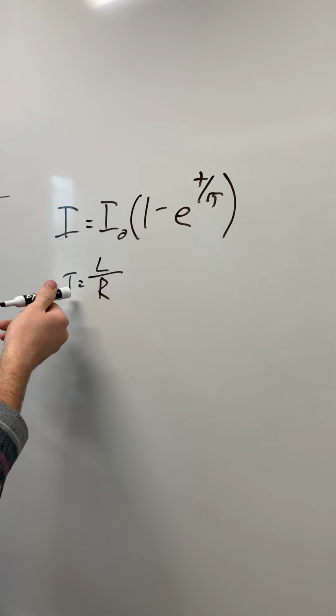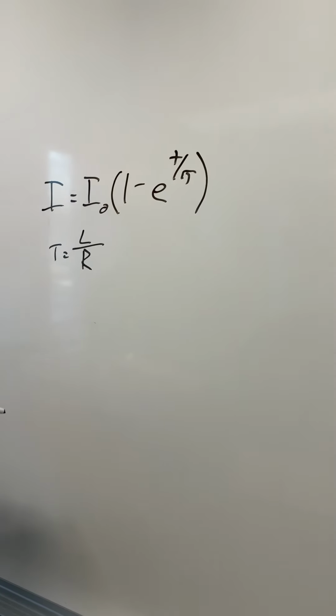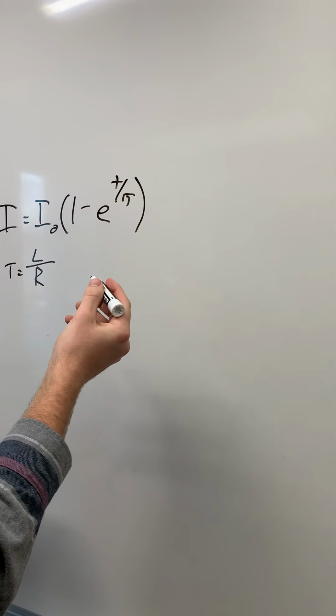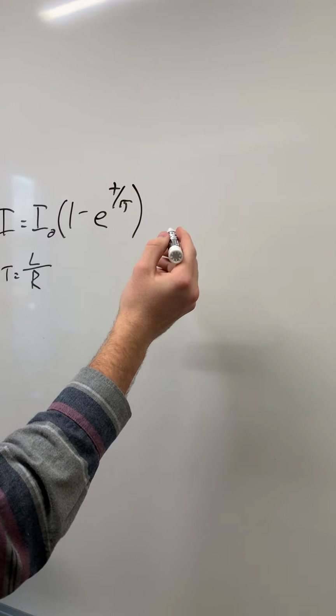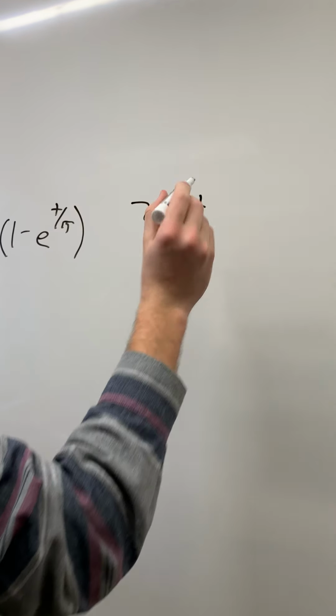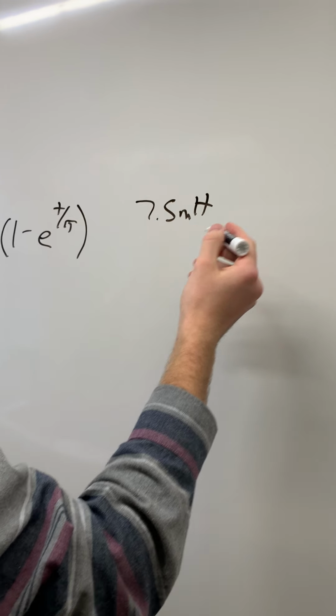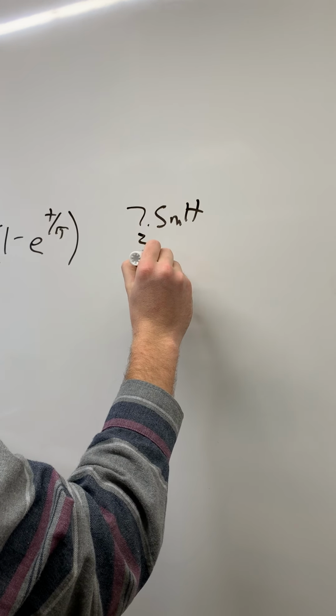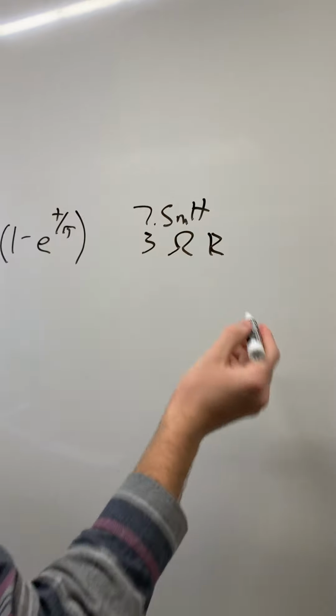So we're going to do a quick practice problem with this, where we'll find the characteristic time constant for a 7.5 millihenry inductor in series with a 3 ohm resistor.